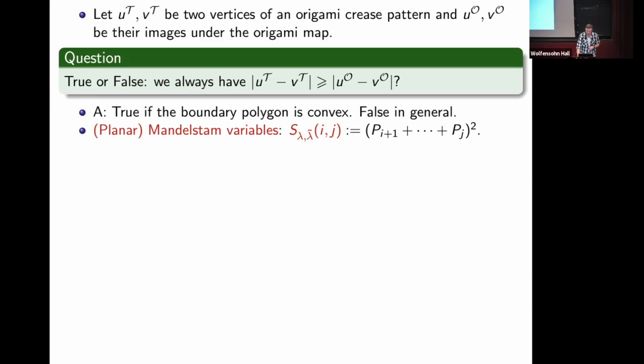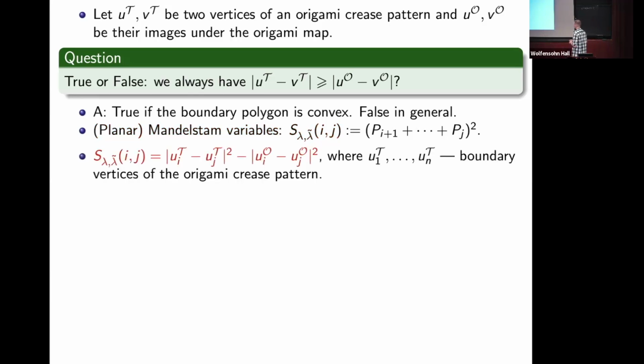And so the connection is that, in retrospect, it's kind of obvious because I already told you what the norm is, right? This sum is a pair of complex numbers, not necessarily of the same length. And so the squared norm is the difference between the length of one and the length of the other. And the two complex numbers here are going to be the difference between two boundary points of the origami crease pattern and their origami images.